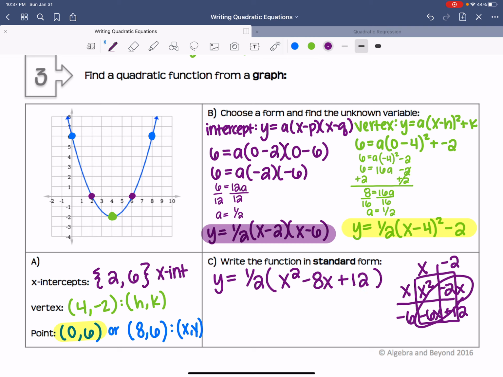Then we just have to multiply all of these by 1/2. So y equals 1/2 x squared minus 4x plus 6. So essentially all we did was divide everything by 2. Same thing as multiplying by 1/2, but that is our equation in standard form. So those are the 3 forms of this same graph.